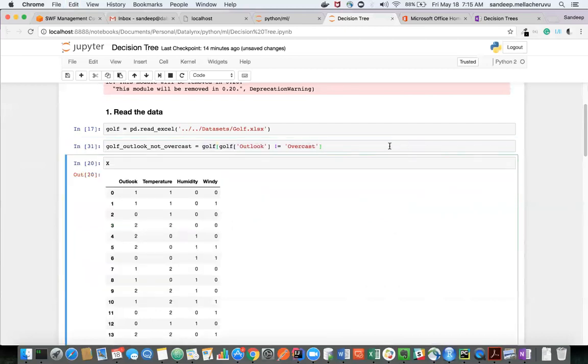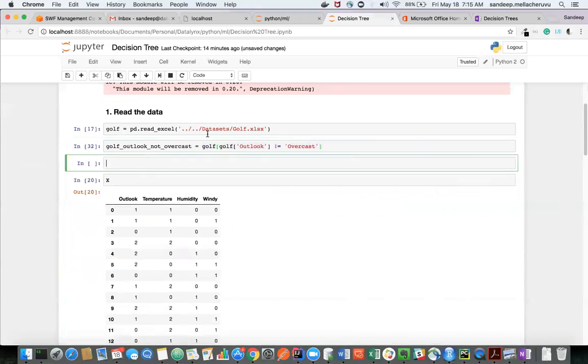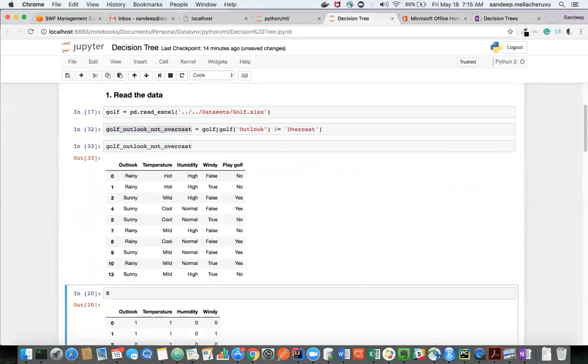When outlook is not overcast, I already selected some data. On this data, I'm going to select golf of humidity equal to high.